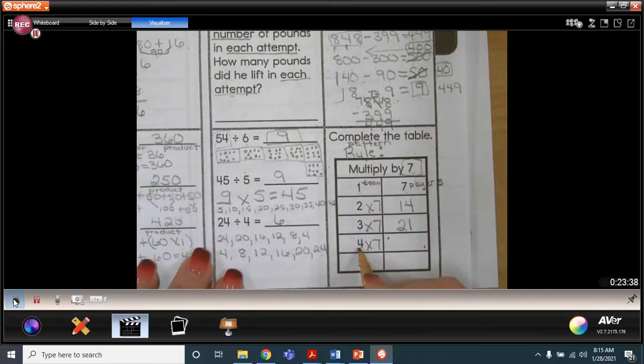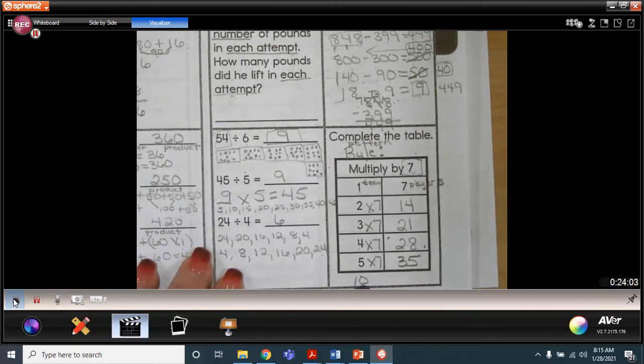So 4 teams, 7 players on each team. Now you should be at 28 because we're adding another group of 7 to this 21. And now finally we have 5 teams with 7 on each team, and we're going to have 35 team members.